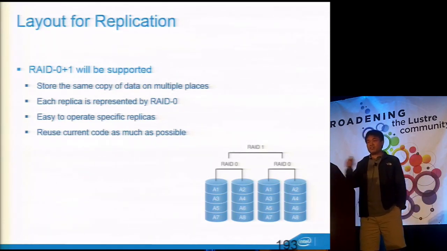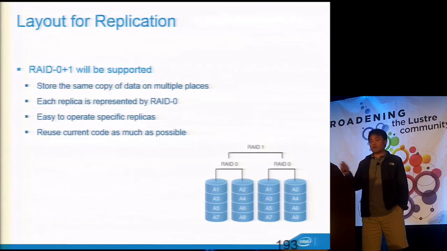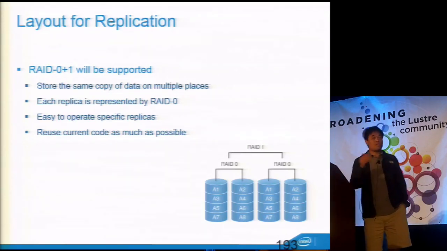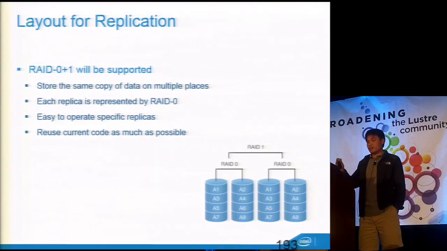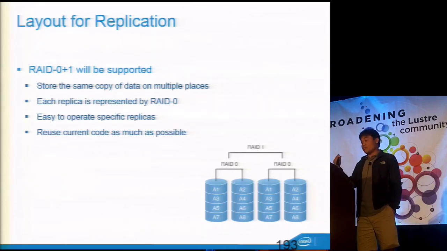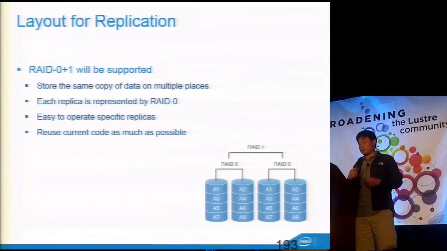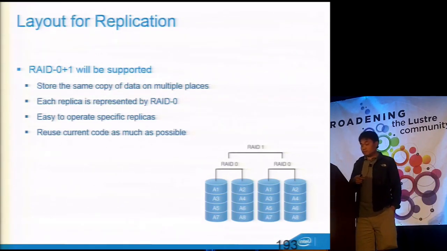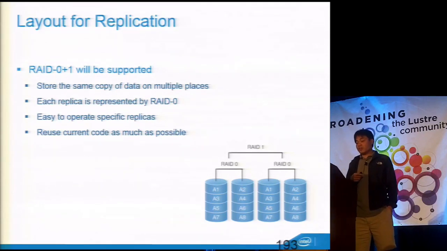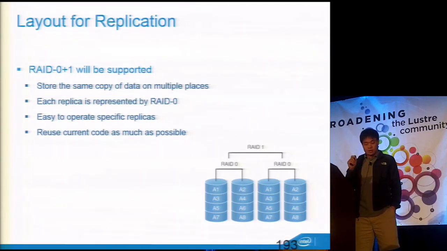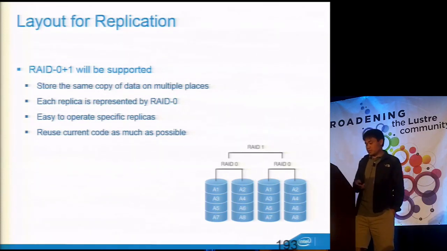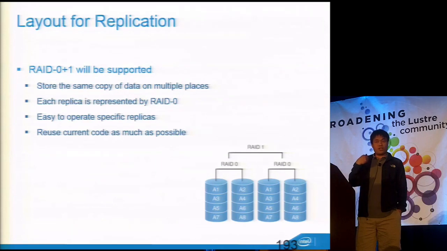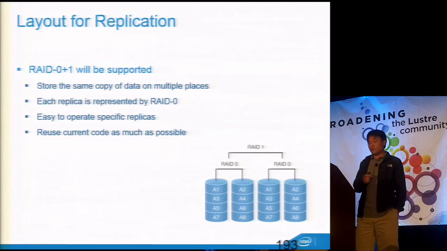So this way we can easily operate on replicas. For example, it would be very easy to append a new replica to a currently existing replicated file, or you can simply take one replica out of a replicated file. And another advantage of this way is we can reuse the current code as much as possible, because we have very mature code for RAID 0 support.